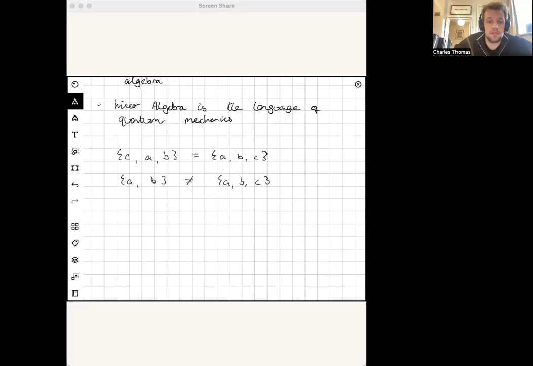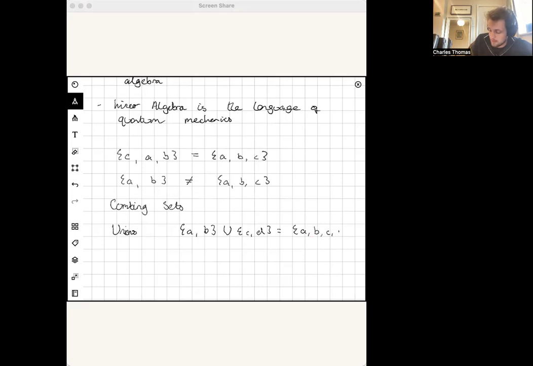So now we've talked about sets, we can talk about combining sets. And there are two main ways we can do this. We can do unions. Unions take one set, A, B, and another set, in this case C, D, and give us back a new set that has everything that's in either one of them.